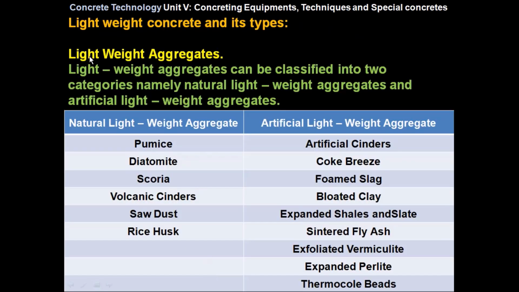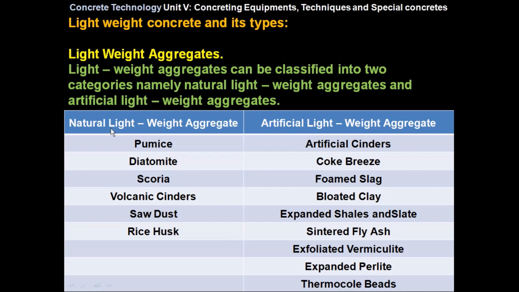The lightweight aggregates can be classified into two categories, namely natural lightweight aggregates and artificial lightweight aggregates. These are the natural lightweight aggregates and these are the artificial lightweight aggregates.